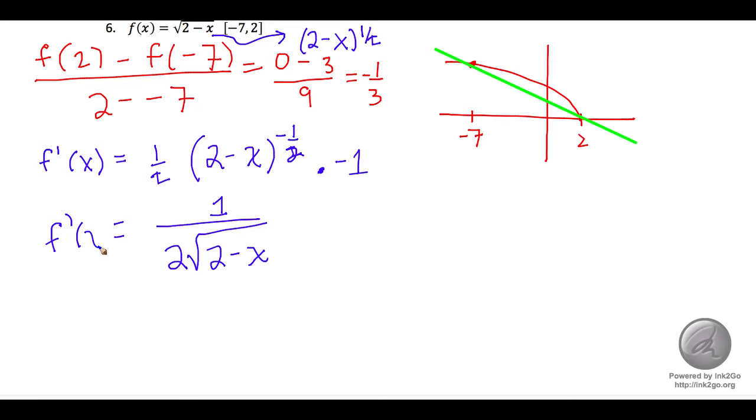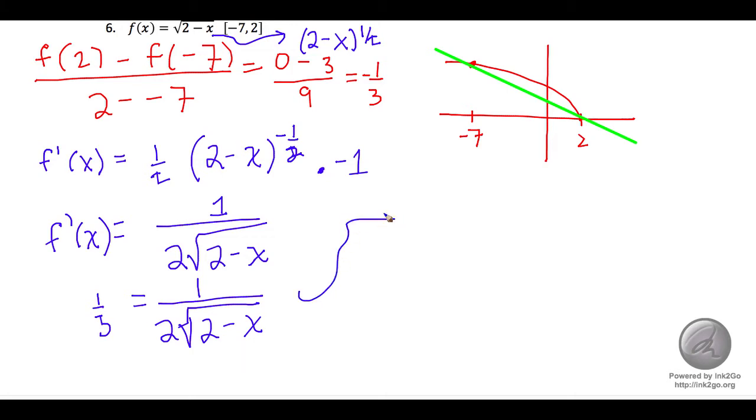Now, what we're looking for is a particular place where f prime is equal to -1/3. So we would have -1/3 equal to -1 over 2 root 2 minus x. I'm going to continue this problem up here, multiply everything by the denominator, and multiply the 3 to the other side.